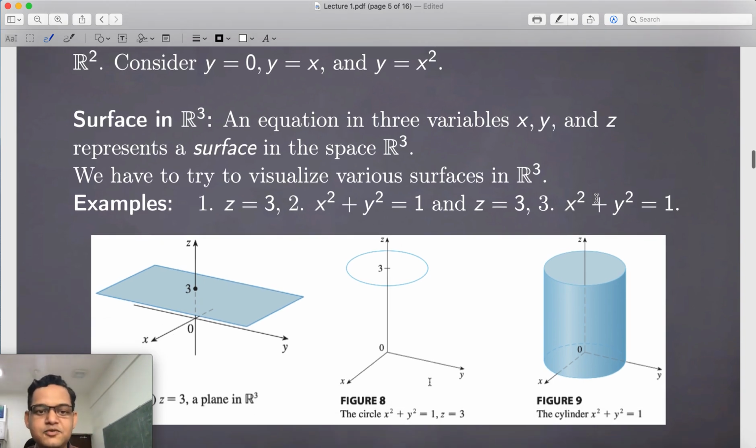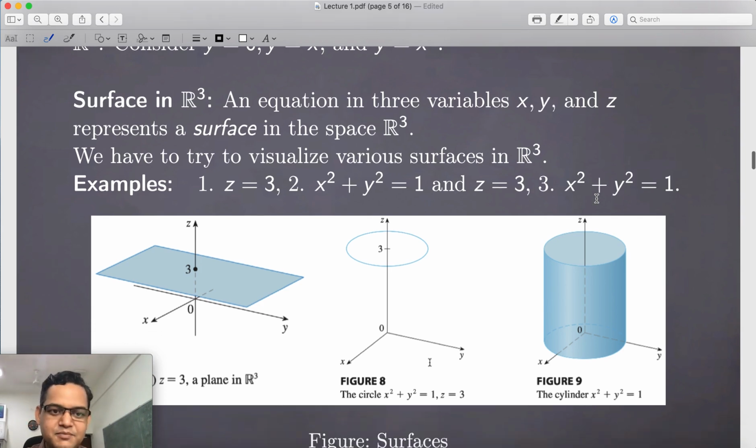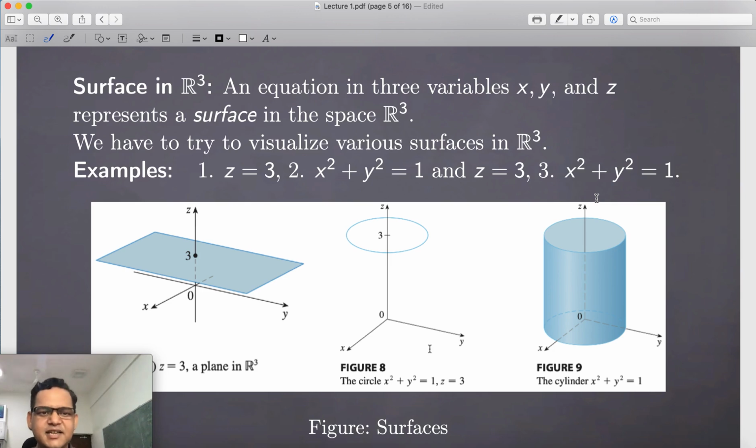But when we move to R3, what's going to happen? We are not going to see its features on the paper, so we will require more visualization. We will have to visualize what we are going to talk about and what we are discussing. For example, this is kind of a definition, the surface in R3. In R2, anything which we draw is called a curve.